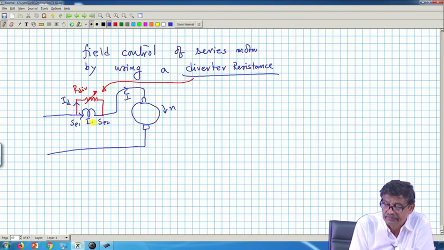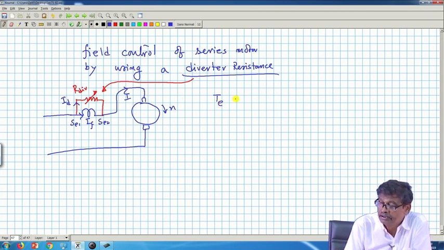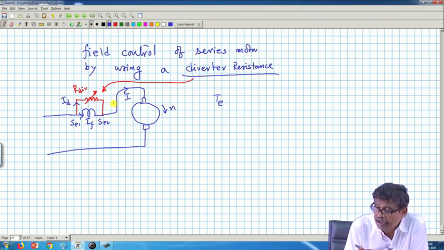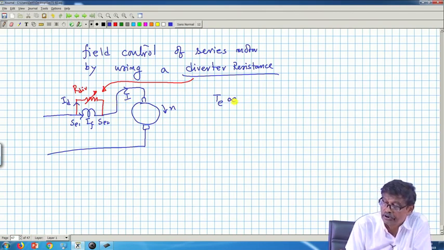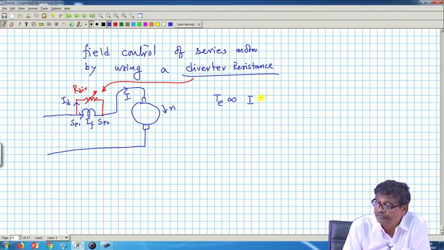In this case, the electromagnetic torque developed by the machine is not proportional to I squared, it will be proportional to the armature current IA into IF. Here is now a clear distinction between field current and armature current.